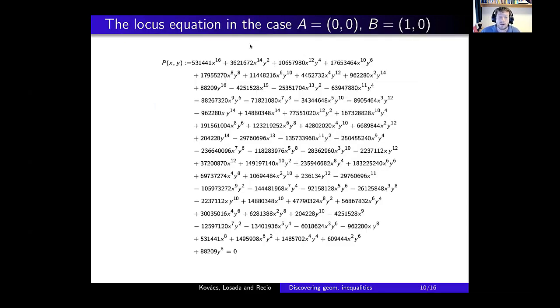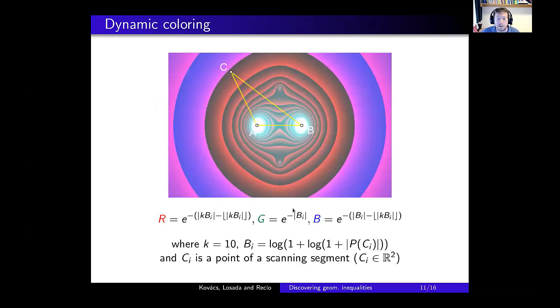On the other hand, we can obtain this nice polynomial in 2 variables, and we will be able to manipulate this polynomial further, either in Maple or in a different way in GeoGebra by using, for example, dynamic coloring. The dynamic coloring means that we put different values, over the whole complex plane, actually, or a bounding box of the complex plane, into the polynomial.